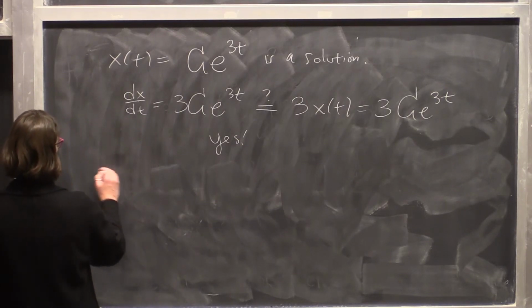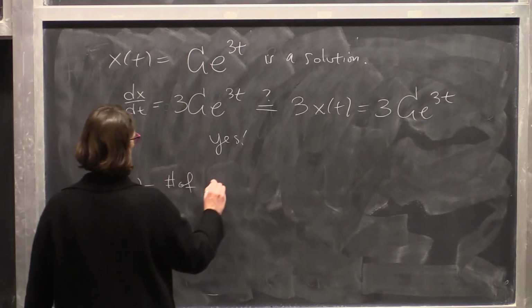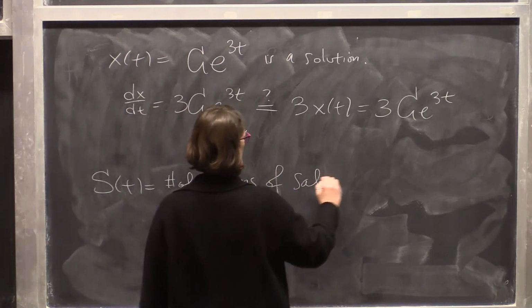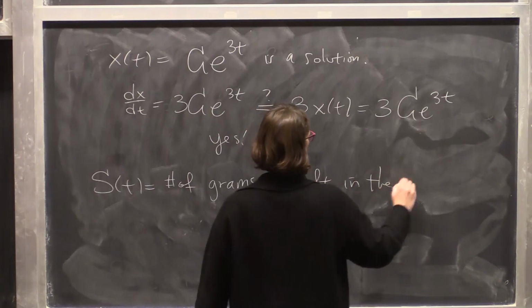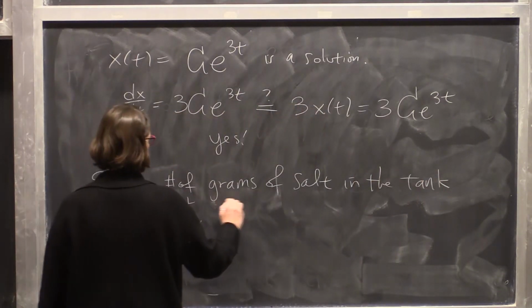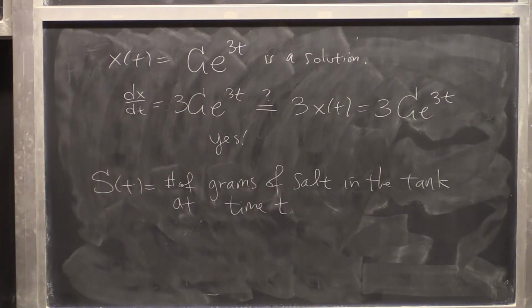S of t is the number of grams of salt in the tank at time t. That's what we're trying to solve for.